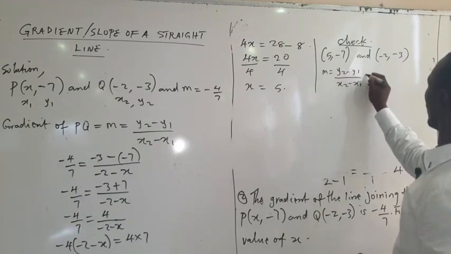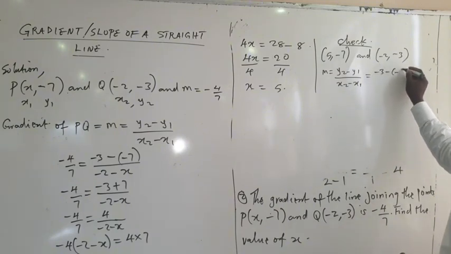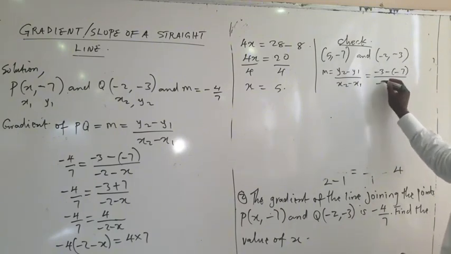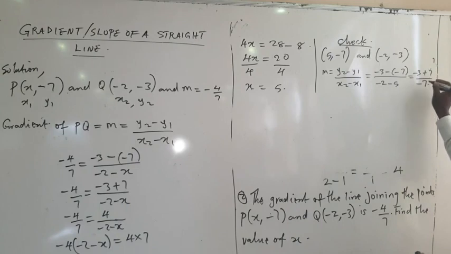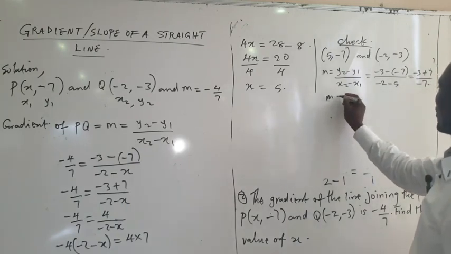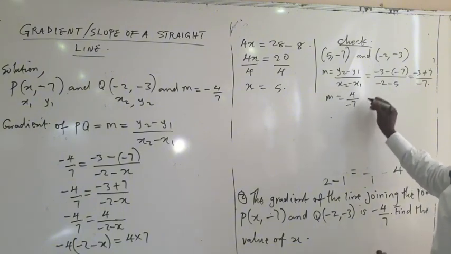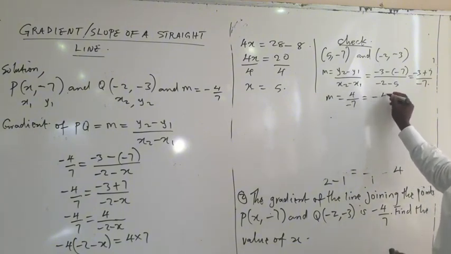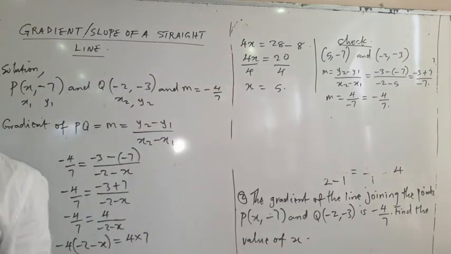So we now have y2, that is minus 3 minus minus 7, all over minus 2 minus 5. So which is minus 3 plus 7 all over minus 7. So we now have m equals 4 over minus 7. And 4 over minus 7 is the same thing as minus 4 over 7, which means x equals 5 is correct. So we move to the next question.